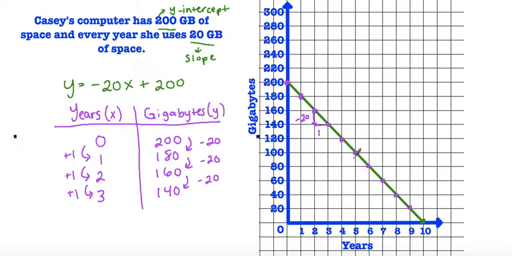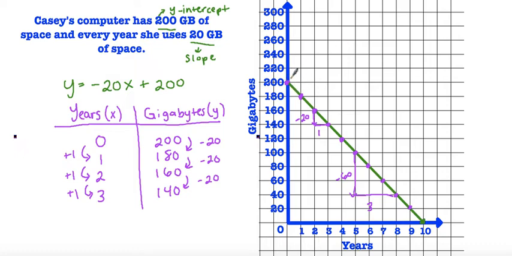Or we could pick 2 other points, and you'll notice that from this coordinate to this coordinate, we're decreasing 20, 40, 60 gigabytes in the span of 3 years. Negative 20 over 1 is equivalent to negative 60 over 3, because this represents that she's using 60 gigabytes in 3 years, which is 20 gigabytes per year. So just be mindful that if you're looking at slope using your line, you simplify.